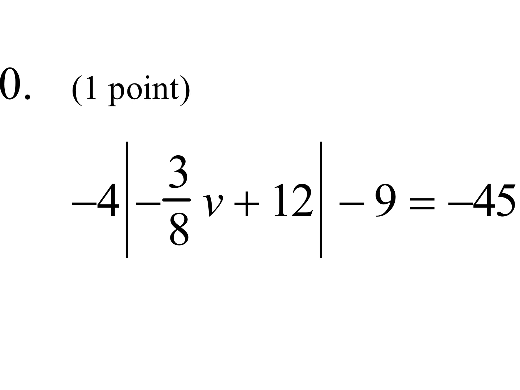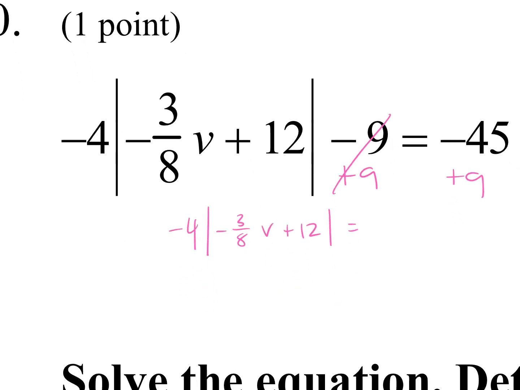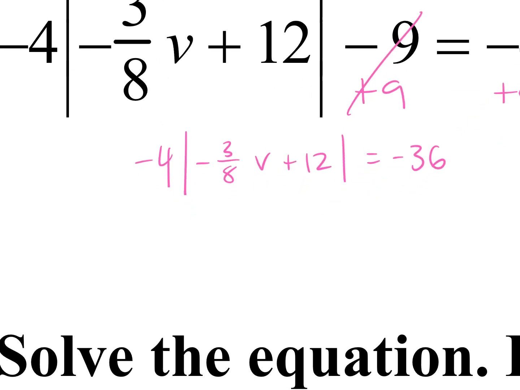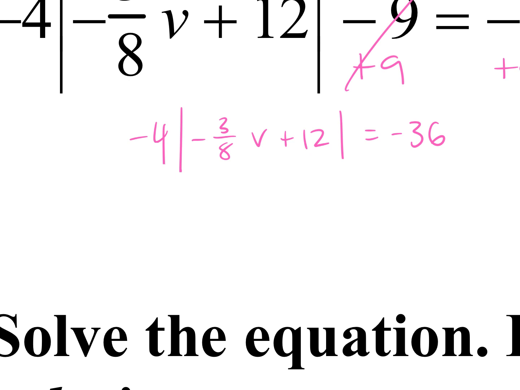So I'm going to add 9. So everything else stays the same. Negative 4 times the absolute value of negative 3 over 8v plus 12 is equal to, what's negative 45 plus 9? Negative 36. Now what can I do?